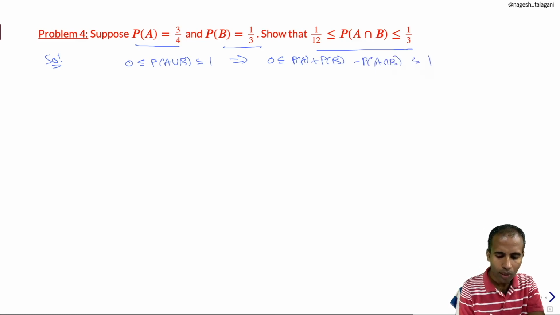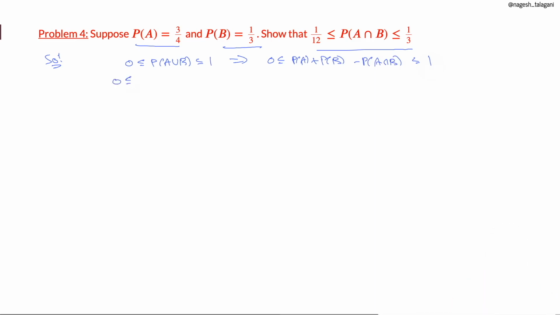Now we know the values of probability of A and probability of B. So 0 is less than or equal to 3 by 4 plus 1 by 3 minus probability of A intersection B, less than or equal to 1. That implies 0 is less than or equal to, it will be 9 plus 4, which is 13 by 12, minus probability of A intersection B, less than or equal to 1.